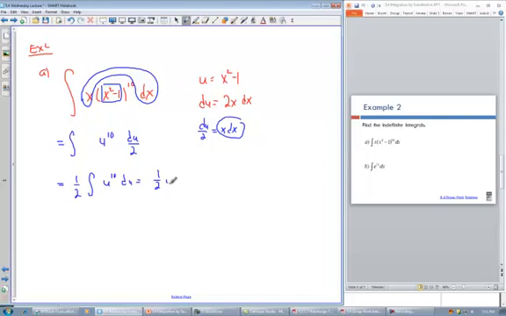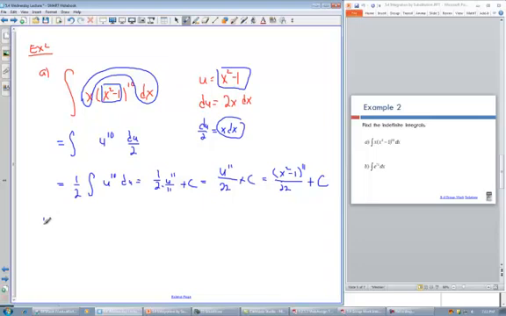So 1/2 times u to the 11th over 11 plus c, which is u to the 11th divided by 2 times 11, which is 22, plus c. Plug back in: x squared minus 1, all to the 11th, that was my u, all divided by 22 plus c. And that's my answer.